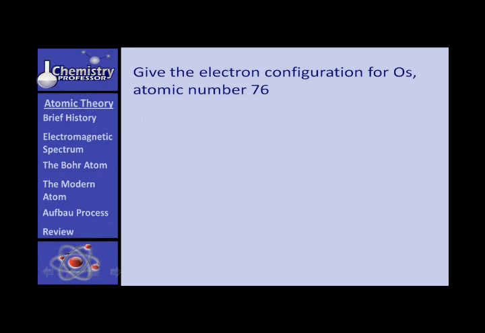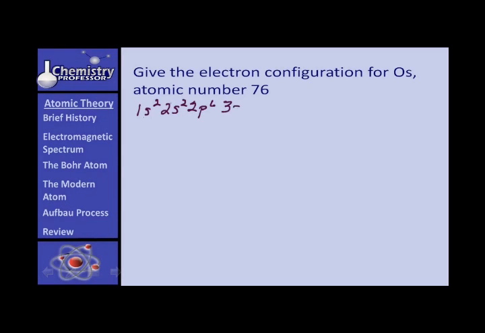To give the electron configuration of osmium, atomic number 76, let's see if we can do it from memory. Are you ready? Now, if you get stuck, go pull out that order of filling chart and follow along with it. But here we go. 76. Let's see, there's 1s2, 2s2, 2p6.